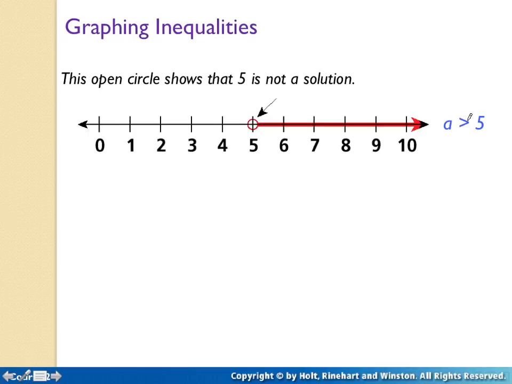That symbol is going to be either an open circle or a closed circle. If we have a greater than or a less than sign, the symbol that you will use is an open circle, meaning that it's not shaded in, not colored in. Okay?